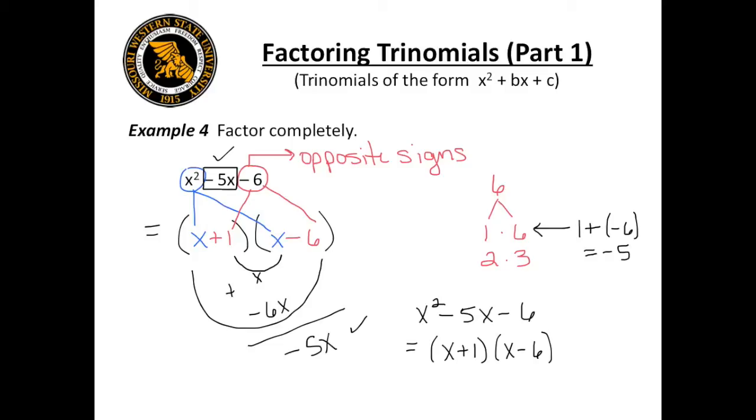Now I will make a note here that you should be careful on this one, because if you notice, you can get a -5 using the factors of 2 and 3 by taking -2 plus -3, which gives us -5. However, notice that this is not an option, since those two numbers have the same sign.